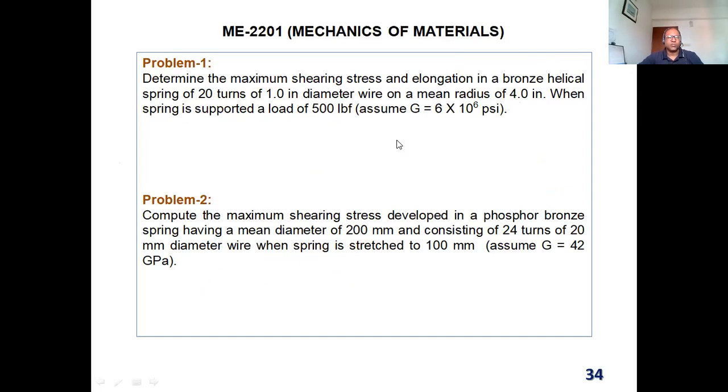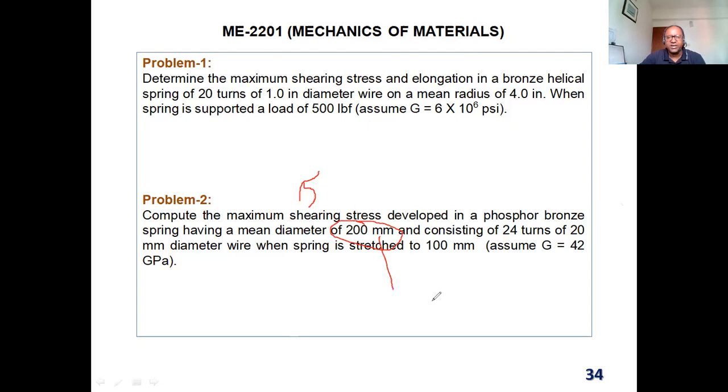Okay. Now let's solve problem 2. Problem 2 is saying compute or calculate the maximum shear stress developed, that means tau, in a phosphorus bronze spring having mean diameter 200 millimeter.